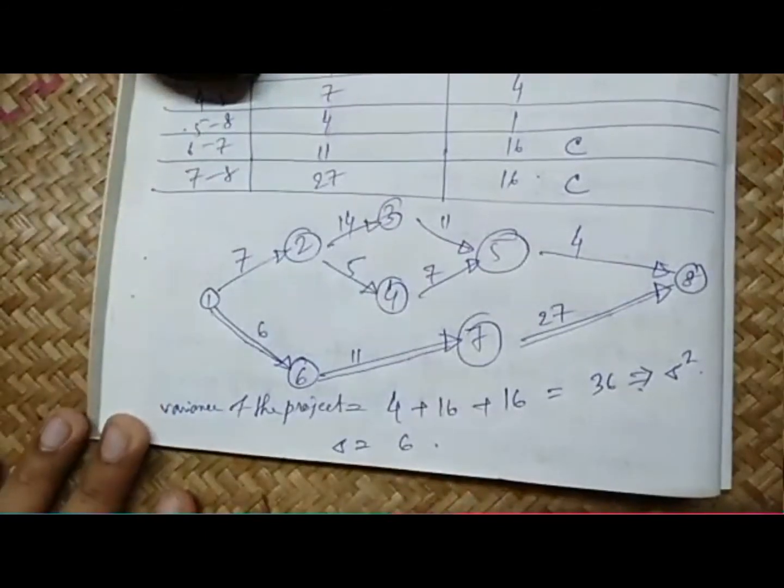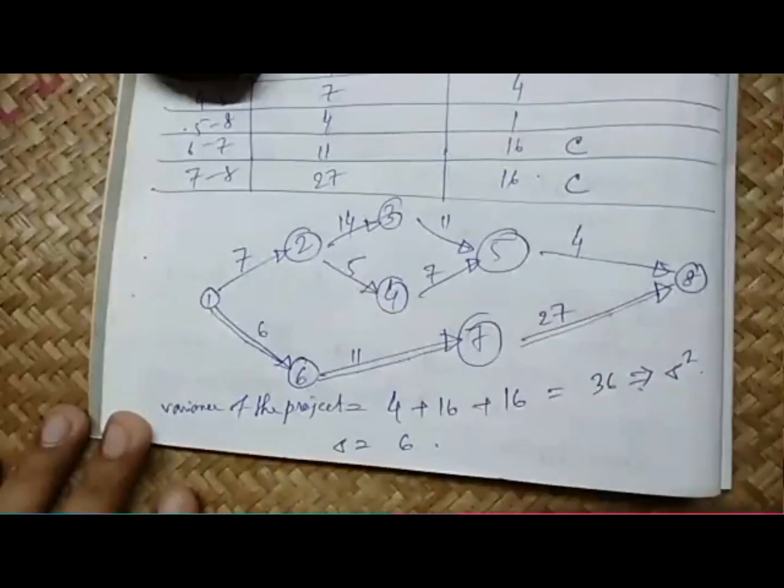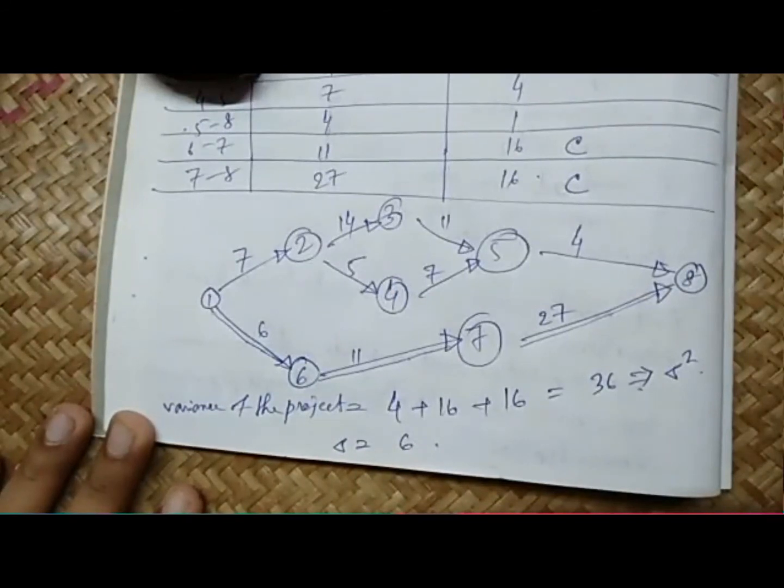But if this problem carries 5 or 6 marks, you just calculate the longest path and state that, being the longest path in the network, the 1-6-7-8 path can be called the critical path.